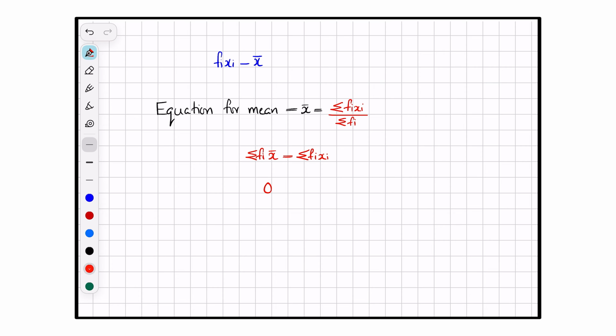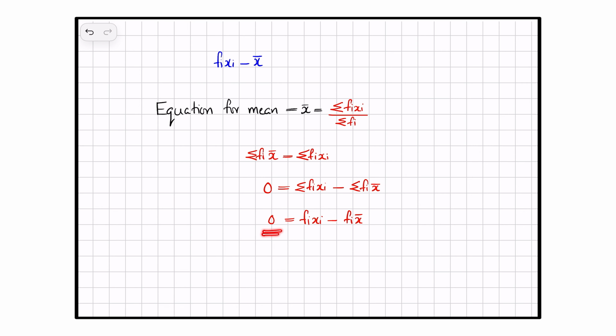Further, by rearranging the terms, 0 is equal to summation fi xi minus summation fi x bar, or, removing the summation notation, fi xi minus fi x bar. You can see that fi xi minus fi x bar will come to be 0.